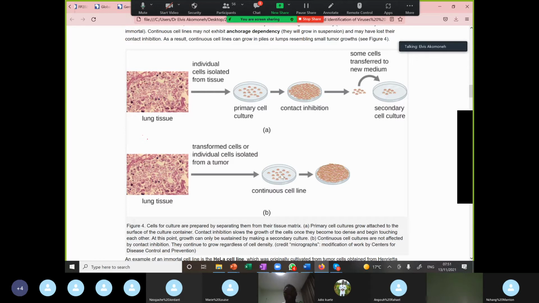The HeLa cell line, for instance, was harvested from the cervix of Henrietta Lacks, who died of cervical cancer. Scientists have confirmed that she had cervical cancer, and after she died, cells from her cervix were harvested more than 50 years ago, and up to today, these cells are serving scientists.